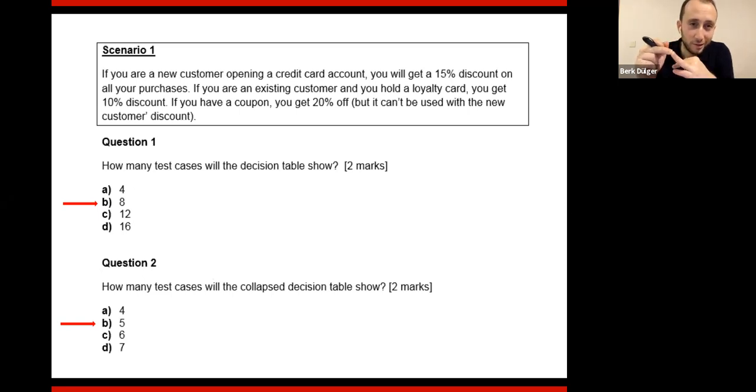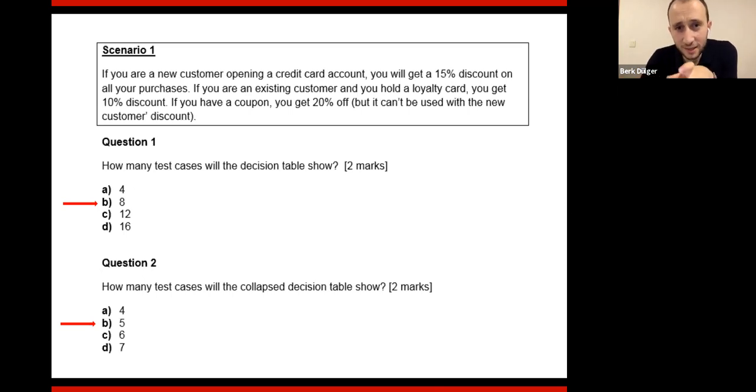Maybe he has no coupon, no loyalty card, and not a new customer, right? It's just like me. I never have any loyalty card, so it might be me getting 0 discount. And also there are 30% discount option.